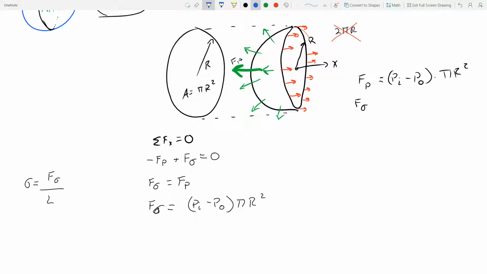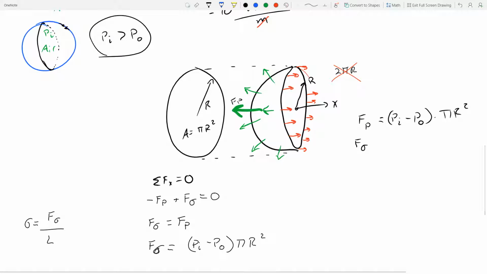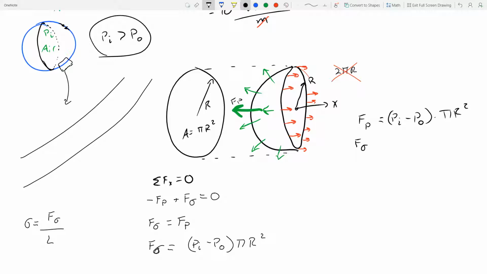Because this is a soap bubble, let's look at the edge of the bubble very closely. Let's take a view right here. A soap bubble is actually made up of two free surfaces because you have air inside, you have air outside, and you have soap in between. Now those intermolecular forces are all developed along each of these boundaries between soap and air.